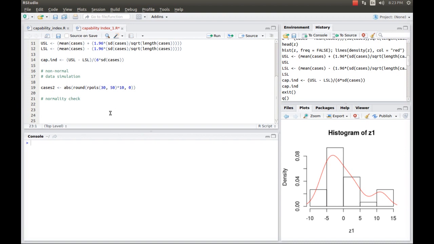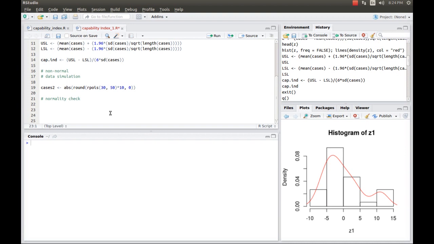Now in my previous video, since I told you how to compute the capability index, in this video I'm going to show you how to compute an alternative to capability index, which is known as CPK. The capability index is referred to as CP, and CPK is a special scenario where the underlying distribution is not found to be normal.